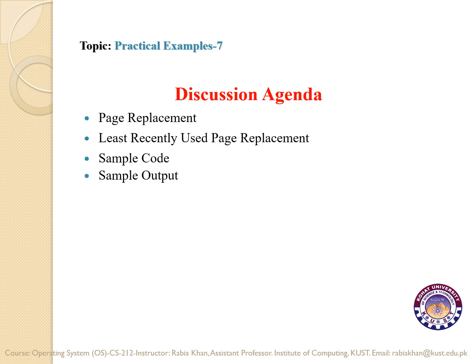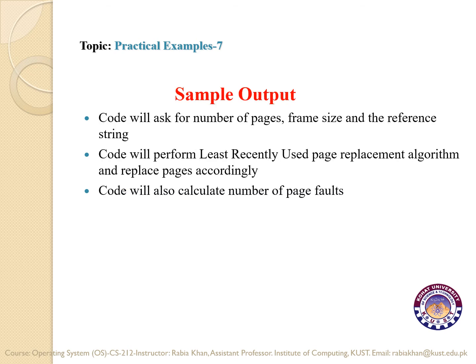So what is the output that we are going to get through this code? These are the things we will observe as output. First, the code will ask you to enter the number of pages in the shape of a reference string and the frame size. The reference string means the number of pages and their occurrence, their frequency.